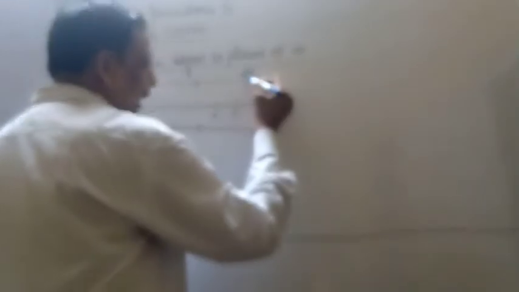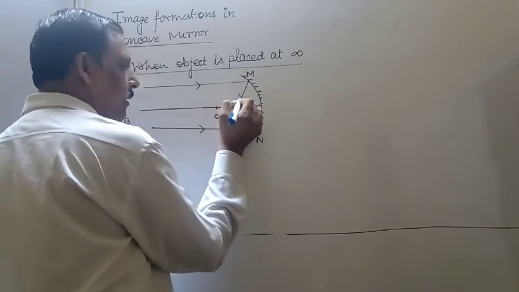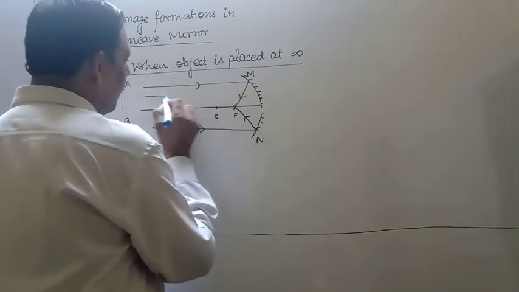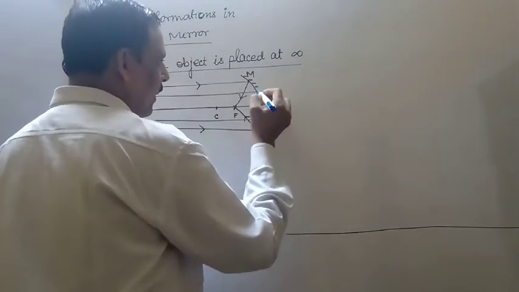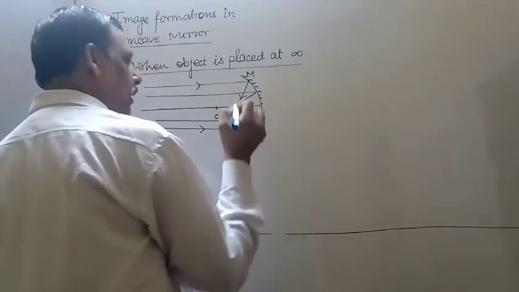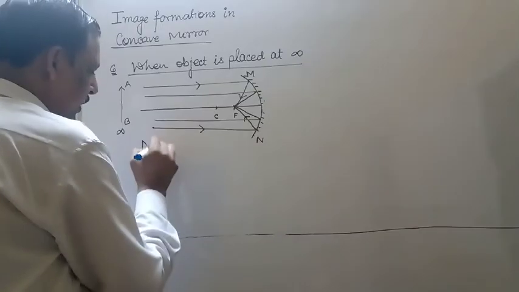It will pass through the focus. This will come to focus here. And if another ray comes, this also will meet at this point F.